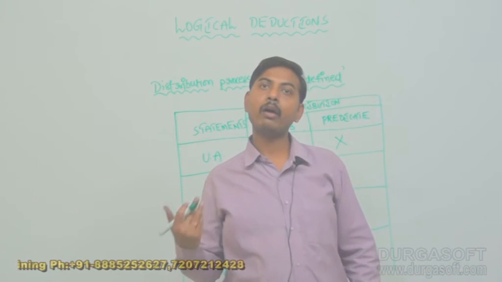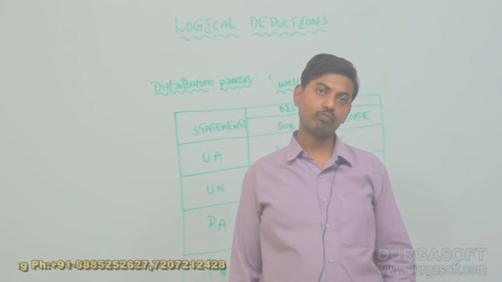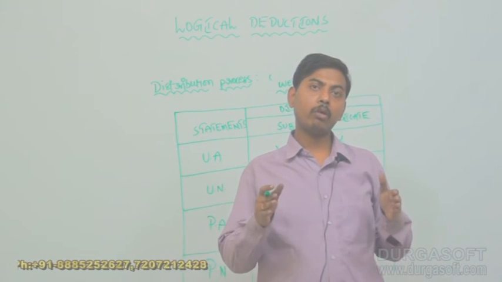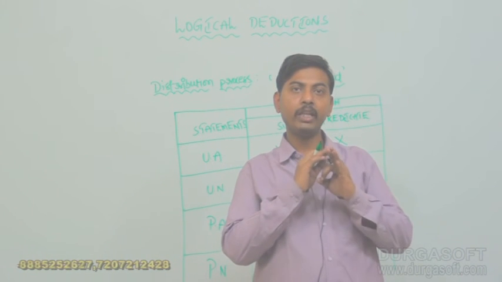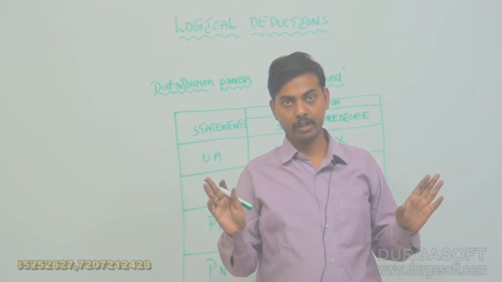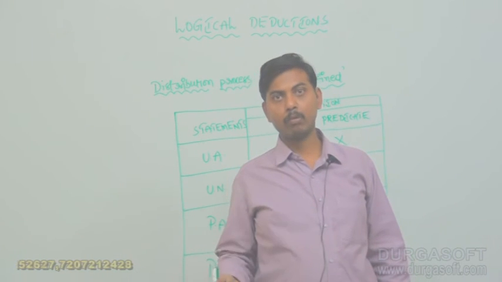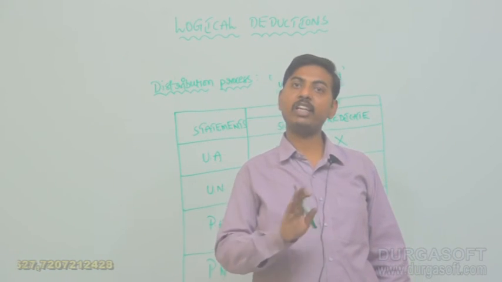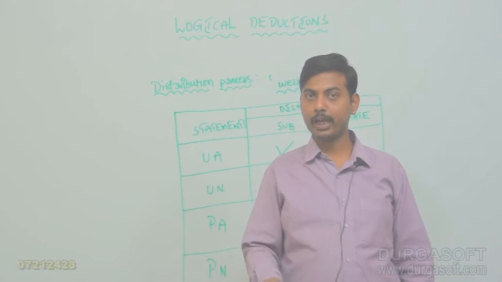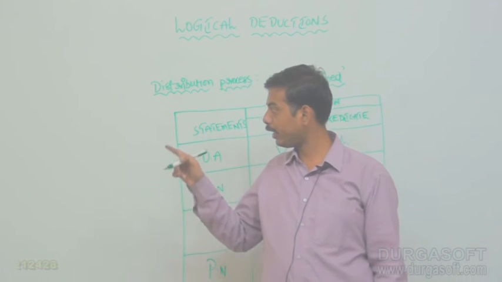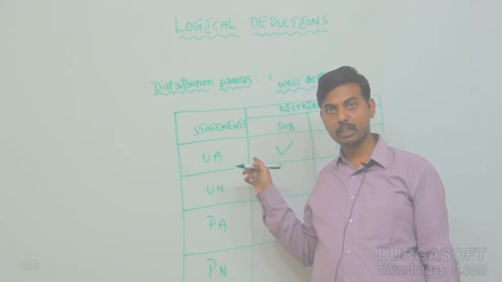All boys are toppers. All boys are toppers means we are talking about each and every boy in that boys community. You pick any one of the boys, definitely that boy is a ranker, no doubt about it. Boy is the subject, which is very well defined in that universal affirmative statement.